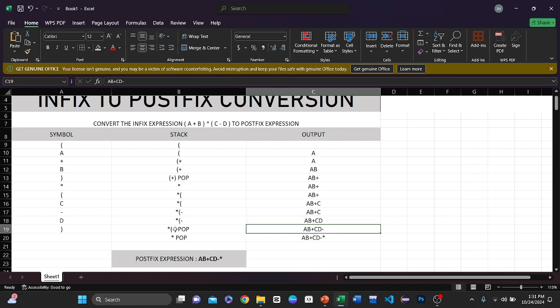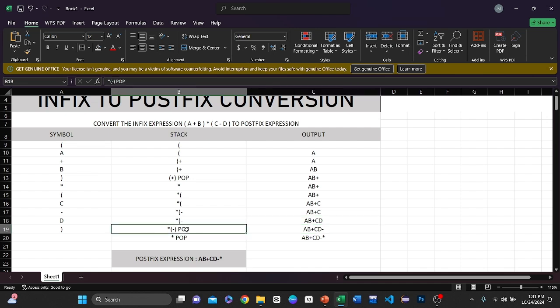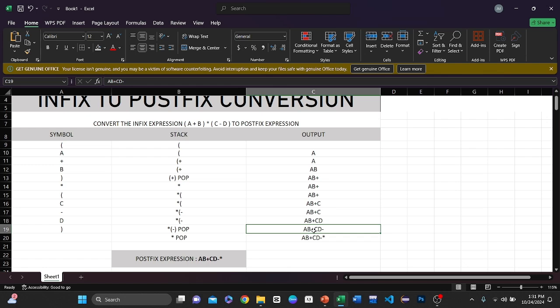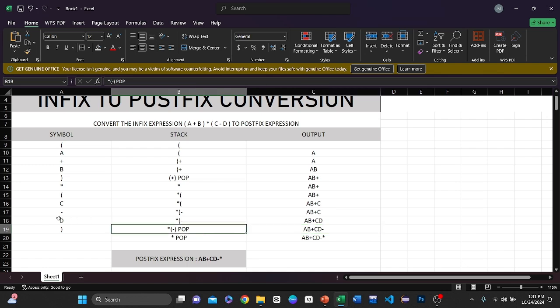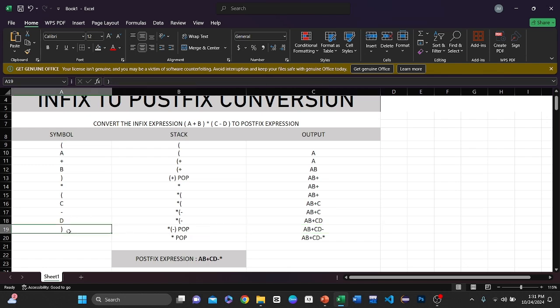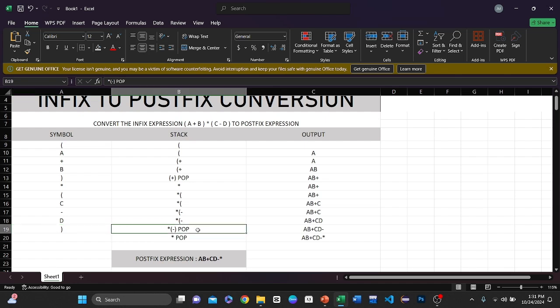So gipop na nato ang minus or subtraction, gibutang na nato siya diri. Since wala naman tay symbol nga nabilin, ang nabilin is multiplication na lang or the asterisk.